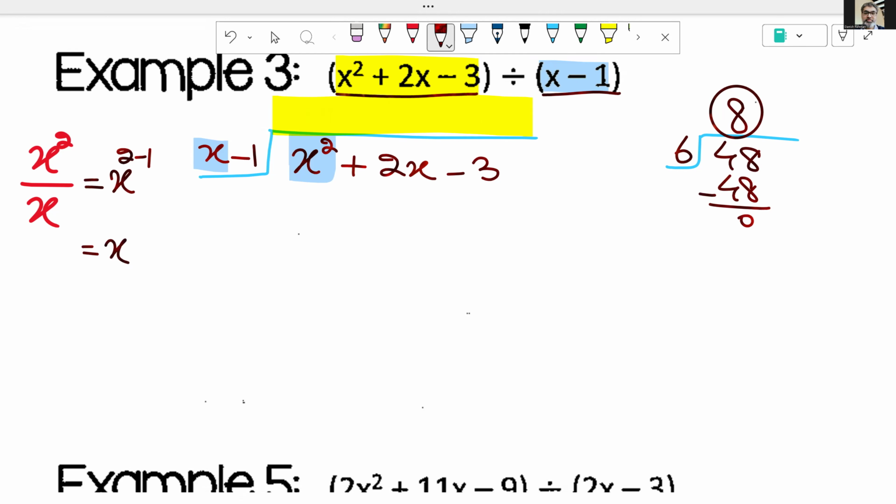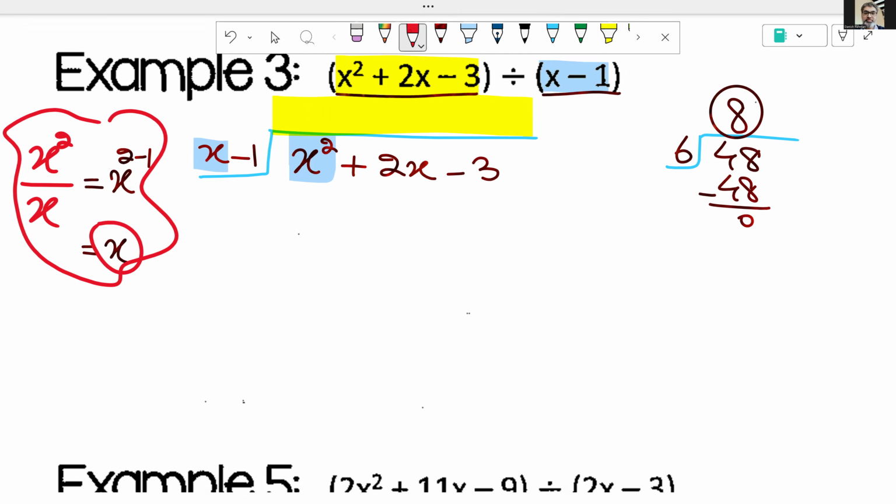Now this should just be a thought process. I'm not expecting that you will every single time write it. You can, but you don't need to. It's quite a simple thing. So keep it in mind and figure out this number, the x. That's what you will now be multiplying with the whole binomial, not just with one thing. So I'm going to put that over here, x minus 1. And this work should go to your scratch paper. Maybe you can put a line on the side, or you can use a scratch paper for this. x minus 1 will now be multiplied with an x that you just figured out.